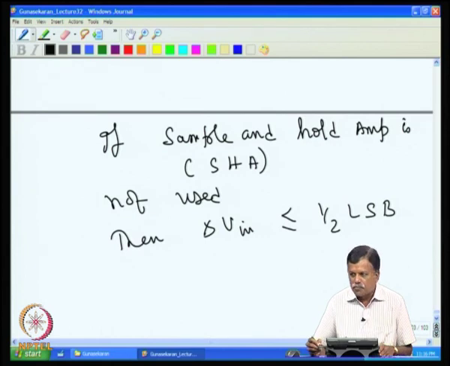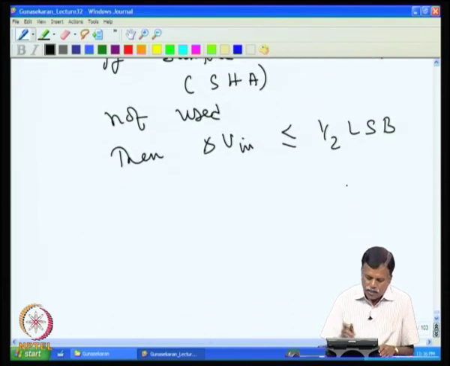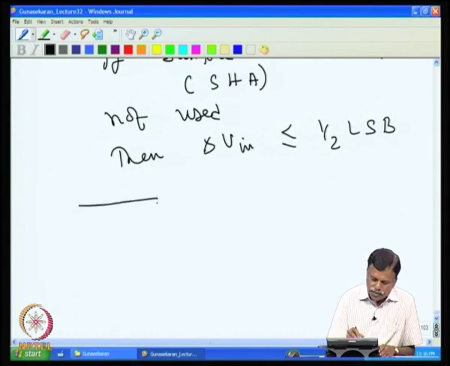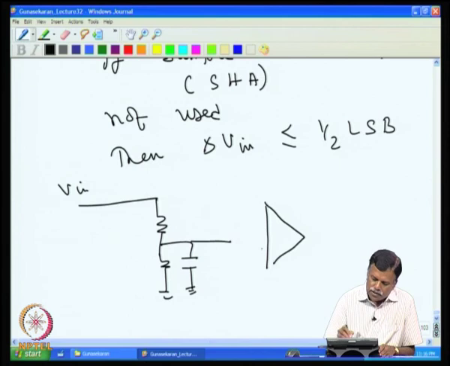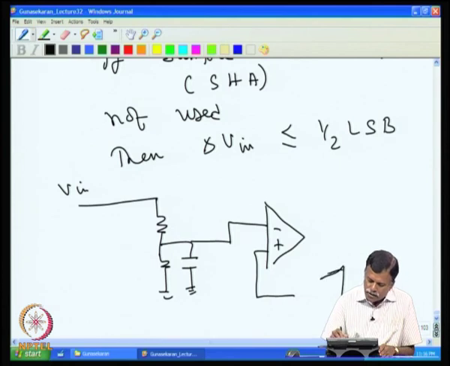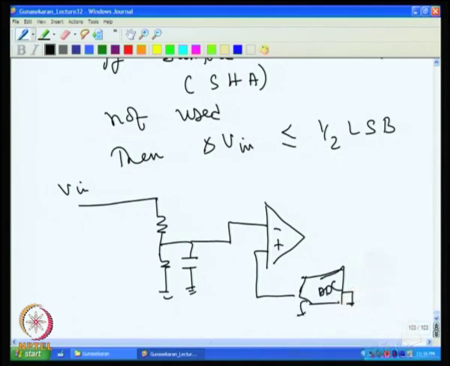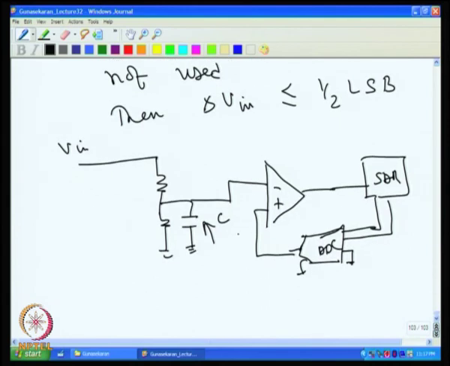Sometimes people do this trick: the input voltage V input comes through a resistance, and a very large capacitor is placed here, and this goes to the ADC input, the successive approximation register.